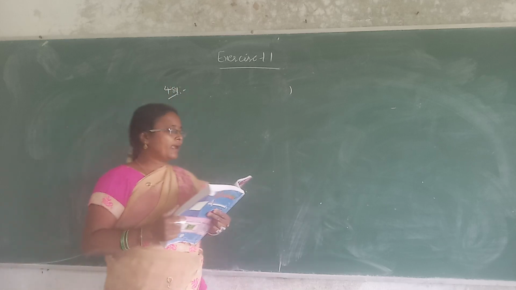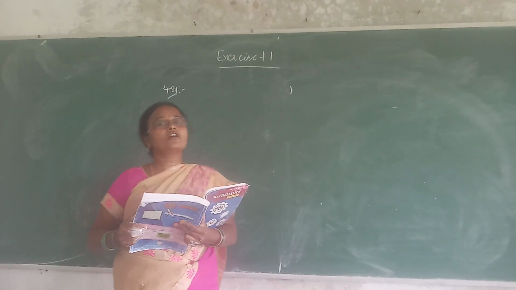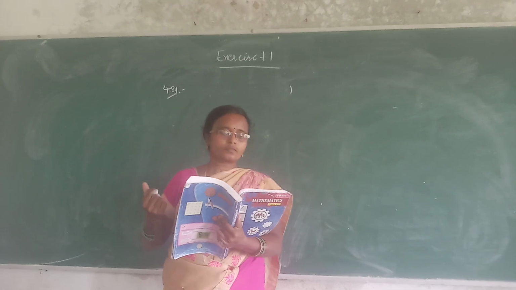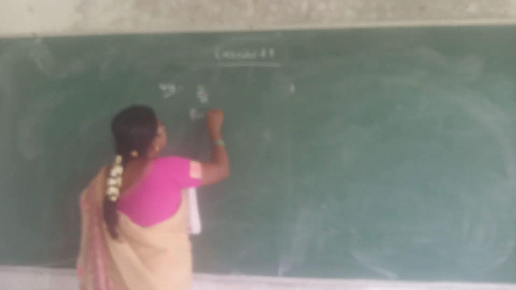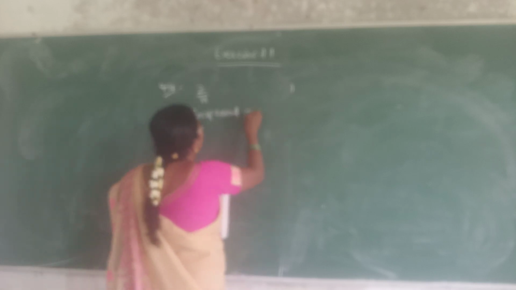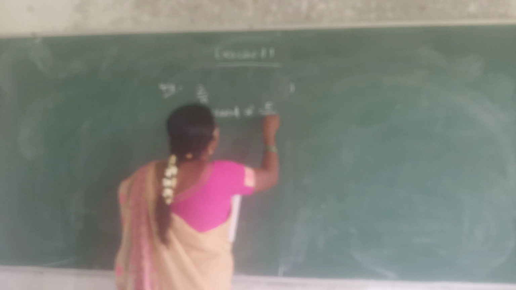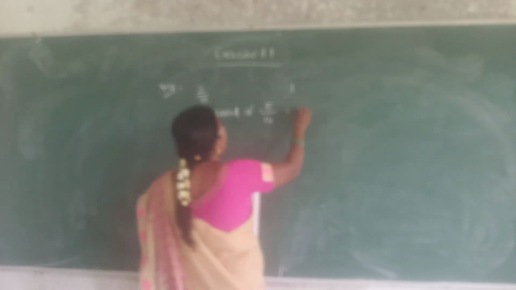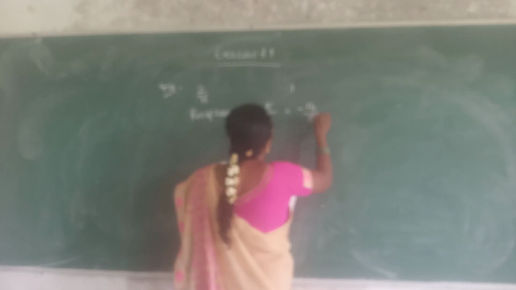Multiply 2 by 11 by the reciprocal of minus 5 by 14. So, 2 by 11 and the reciprocal of minus 5 by 14. The reciprocal of minus 5 by 14 is nothing but minus 14 by 5.